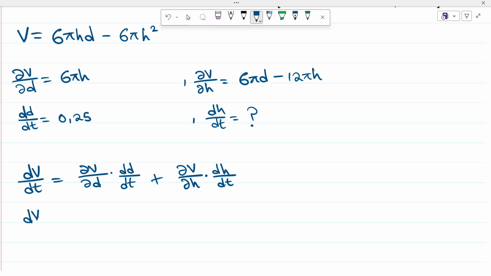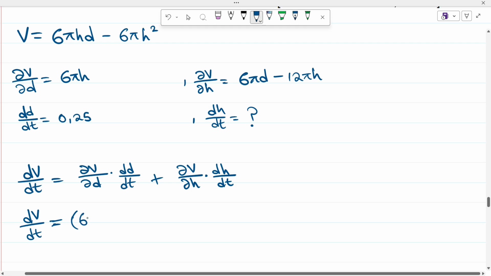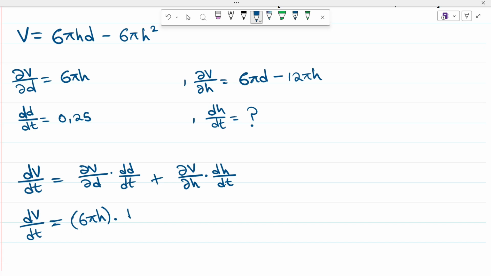So dV/dt is equivalent to the partial derivative of V with respect to d, which we already found as 6 pi h, multiplied by the rate at which the diameter changes with time, plus the partial derivative of V with respect to h, which we already found as 6 pi d minus 12 pi h, multiplied by the rate at which h changes with time.